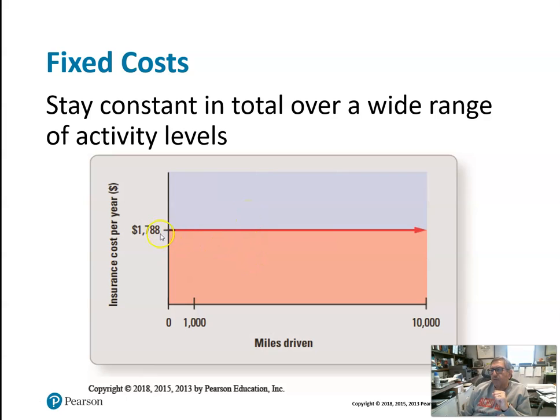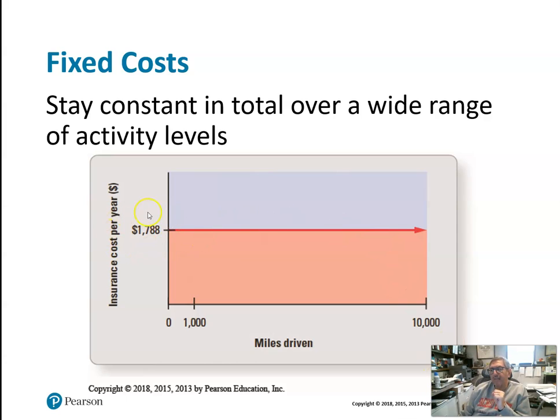Fixed costs do not change in total. They're constant in total. But if we looked at the fixed cost of auto insurance based on a mileage count, the fixed cost per mile for 1,000 miles is going to be much higher than the fixed cost per mile if we're driving 10,000 miles. That's because the total cost doesn't change. So if we're spreading that total cost over more miles, then the fixed cost per mile is lower.